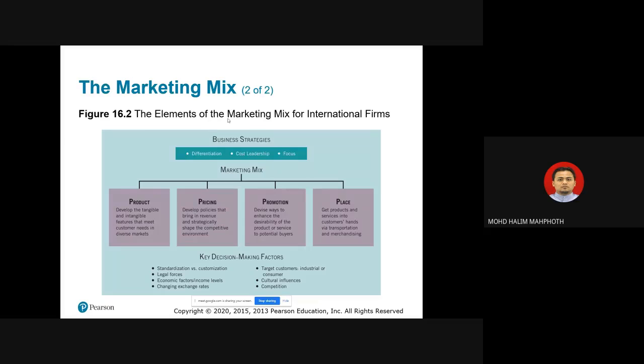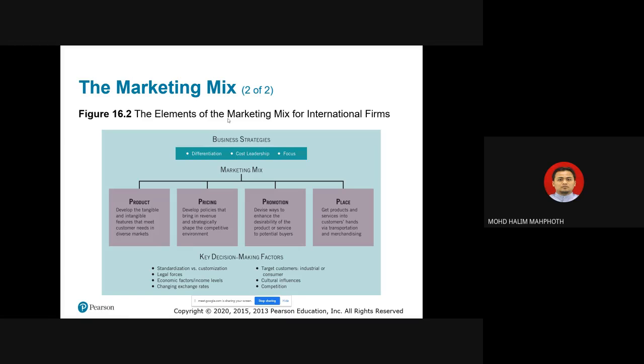because they have these rules and regulations. Maybe you have to be scanned by their health body first, before your product can be distributed to their people. Economic factors and income level.